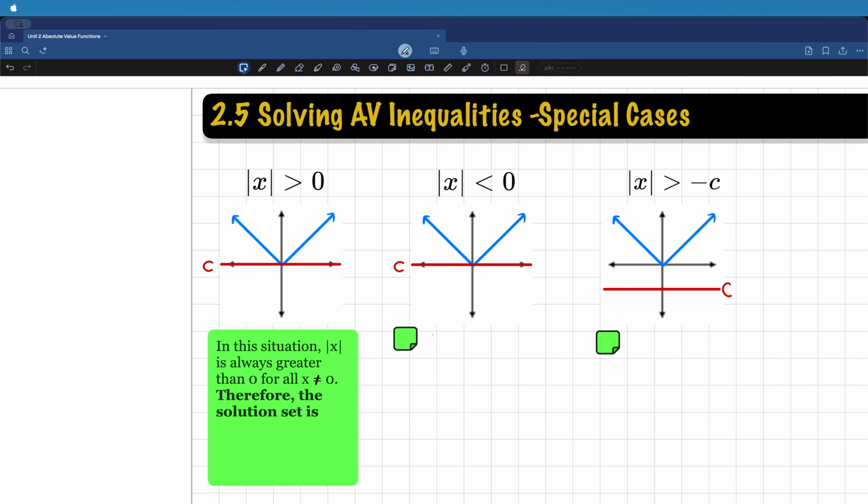Keep in mind, in our case, we were subtracting 3, so we had to find all values that are not equal to 3. For this generic case, the solution set is x less than 0 or x greater than 0, or we can write it down as x cannot equal 0.